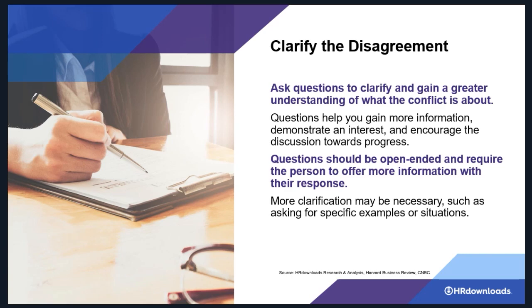Questions help you gain more information and demonstrate an interest in learning the other person's perspective, as well as encouraging the discussion towards progress. Questions should be open-ended and require the person to offer more information with their response, which can help any of the individuals involved come up with an agreeable solution. More clarification may be necessary, so ask for specific examples of situations, just so you're aware of the true source of the conflict.